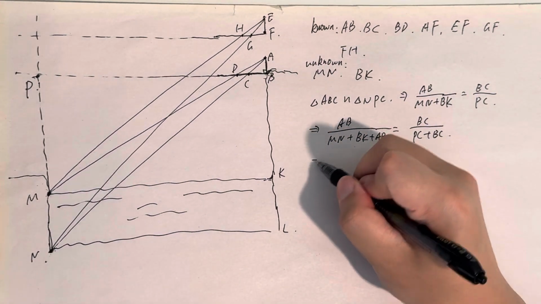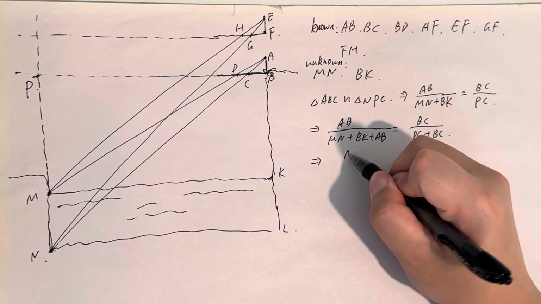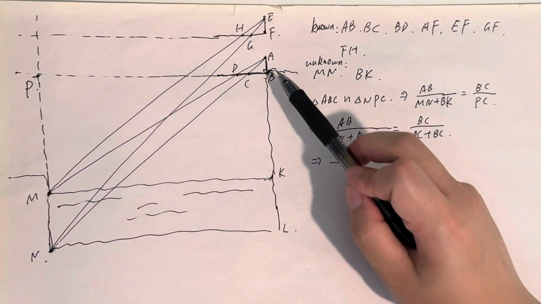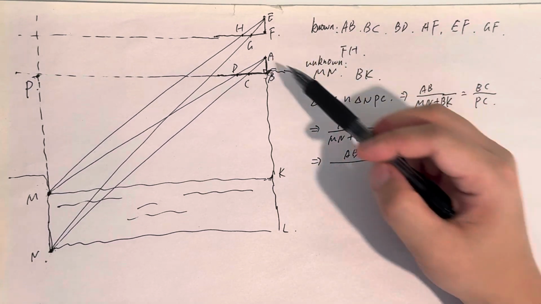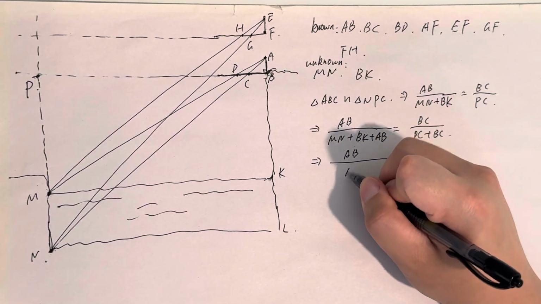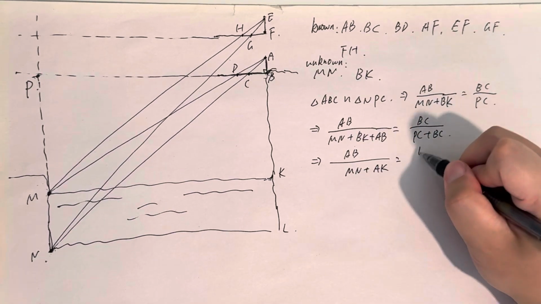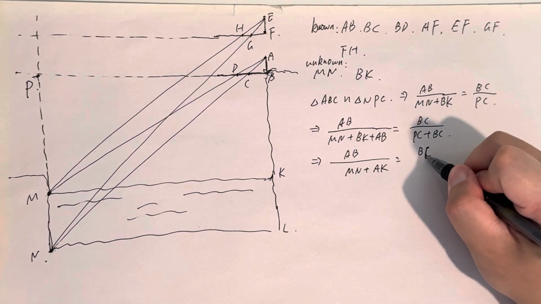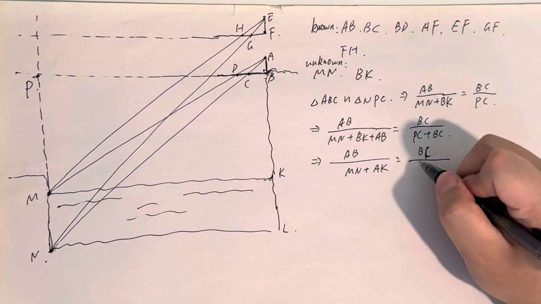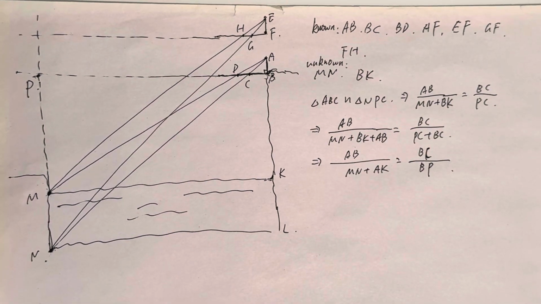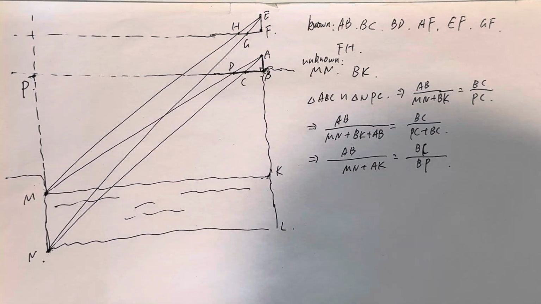That means AB to MN plus BK plus AB, which is AK, MN plus AK equals BC to BP. Right, we get BC to BP.